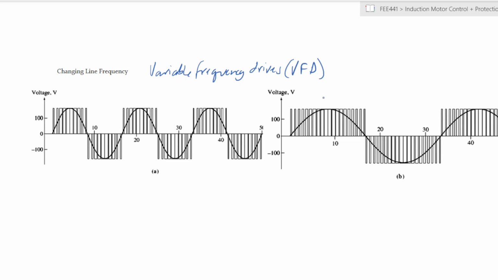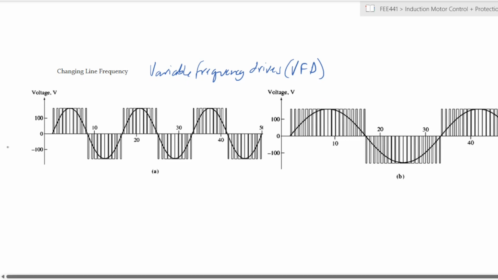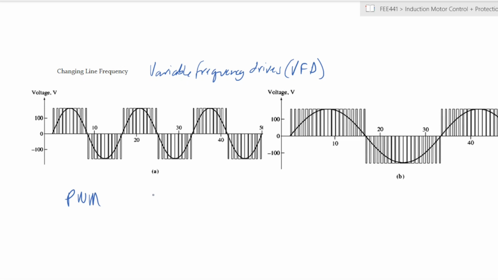This method is called pulse width modulation. You change the length of the pulses that you're supplying into the machine, and that gives you a pulse width modulated wave that appears to the machine as an AC wave.